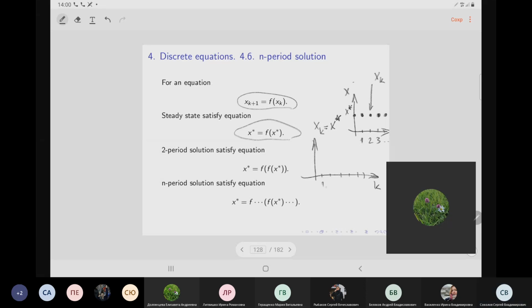But in discrete equations, there is a situation, and we have seen it, it's a usual situation: k, 1, 2, 3, 4, 5, 6, when the solution goes from one solution to another. Like this.